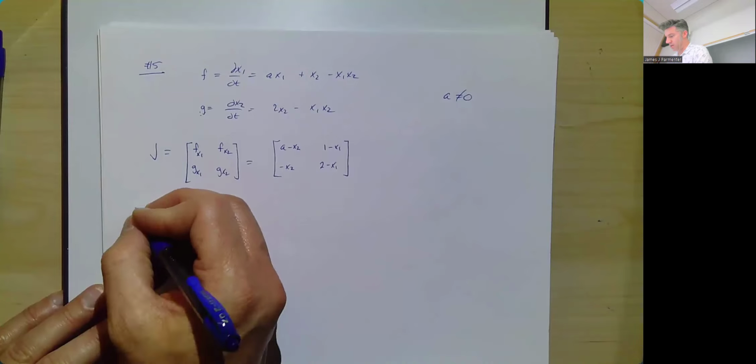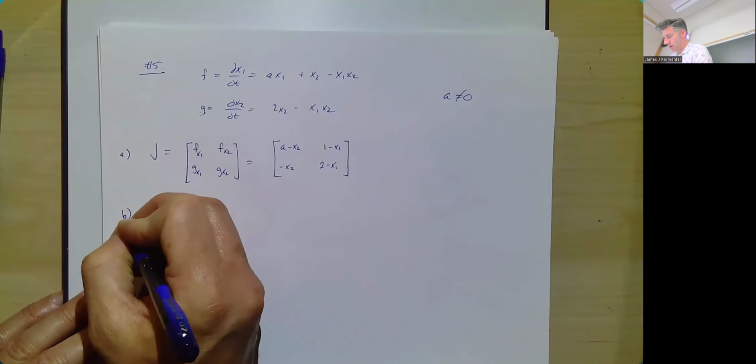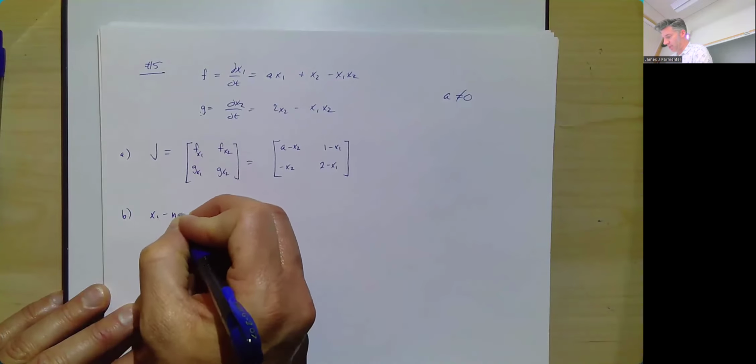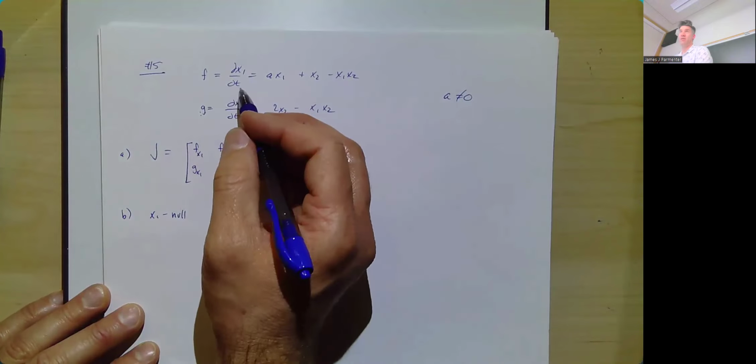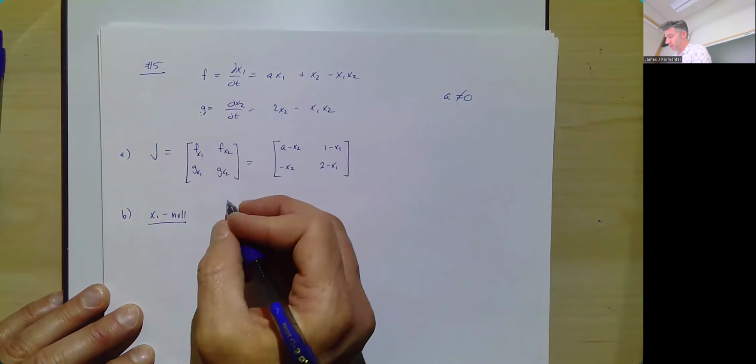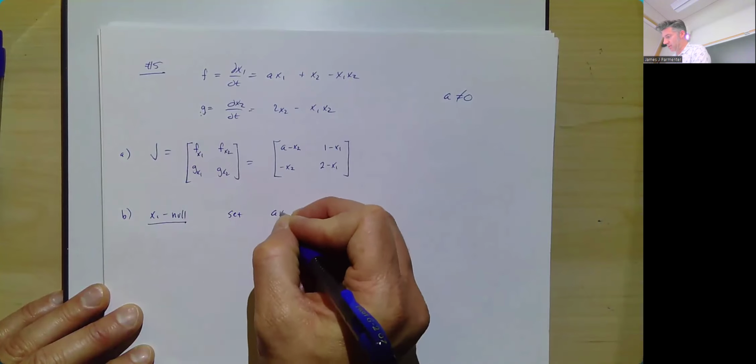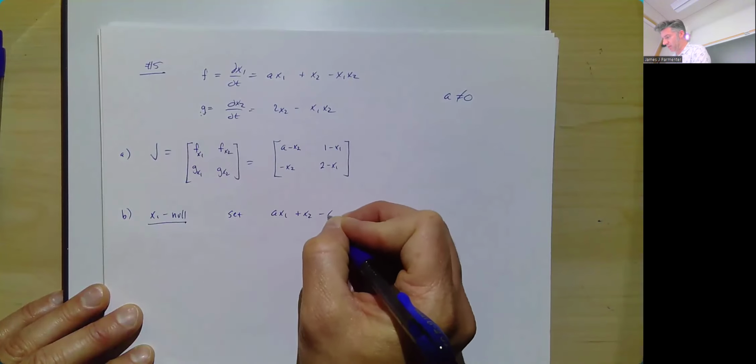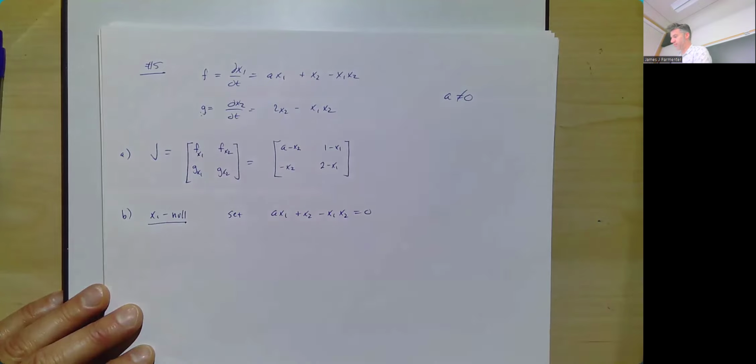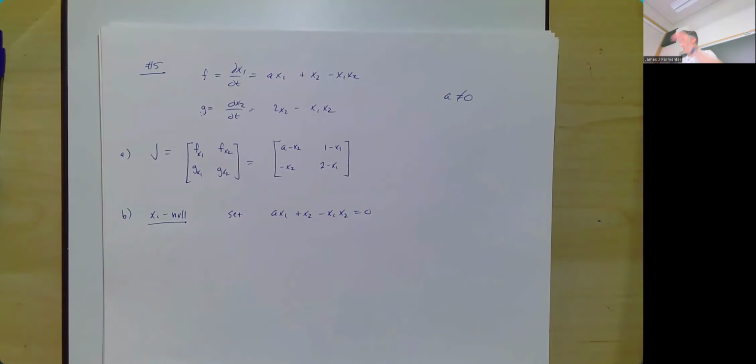Find the x1 nullcline and the x2 nullcline. Okay, so this is the x1 nullcline. You're just setting the dx1/dt equation equal to 0. You're going to set ax1 plus x2 minus x1x2 equal to 0. And sadly here, we can't factor anything out, which is disappointing.